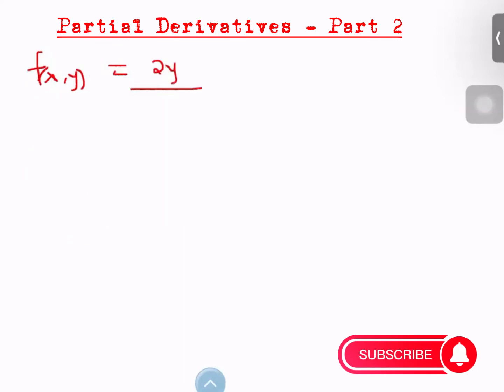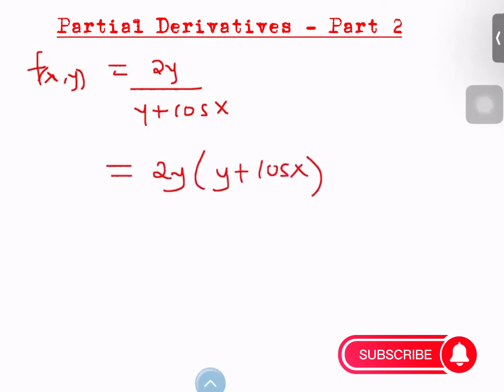So our function is still the same, 2y divided by y plus cos x, but remember that we had simplified this further and we had gotten 2y into (y plus cos x) to the power -1. Now we have to differentiate this with respect to y. We need to get f of y, and following the same steps, we have two terms, the first one and the second one.